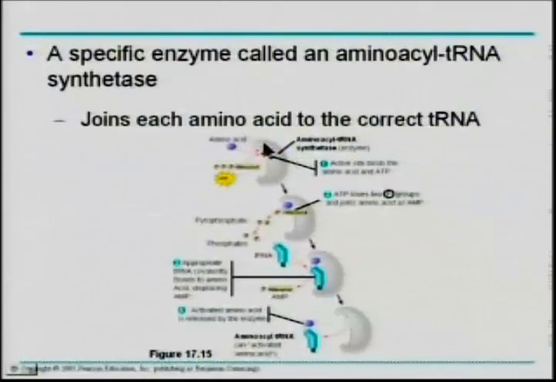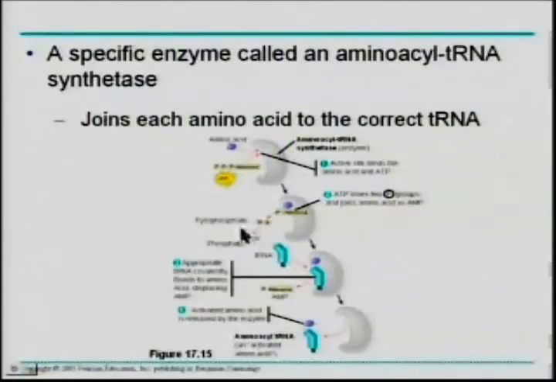The aminoacyl tRNA synthetase enzyme is illustrated by the white here. And the active site binds the amino acid and the ATP. And in step 2, the ATP loses 2 phosphate groups and joins the amino acid as adenosine monophosphate here. And there's the phosphate groups.